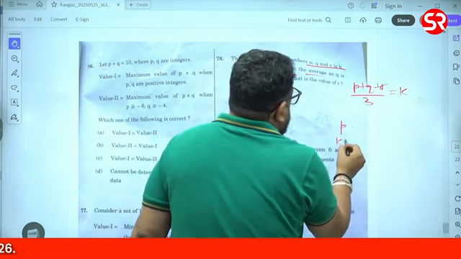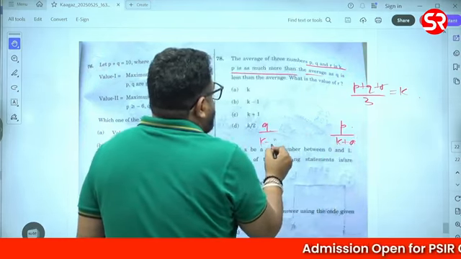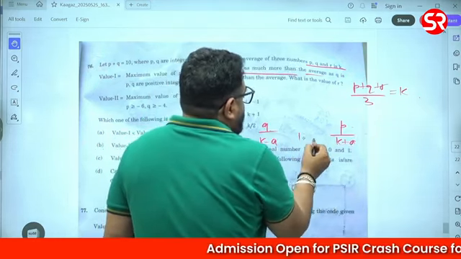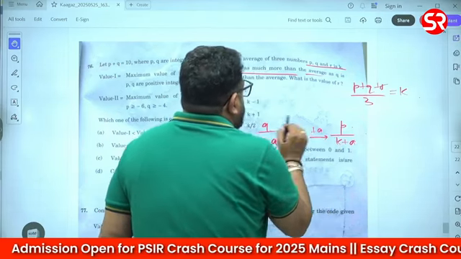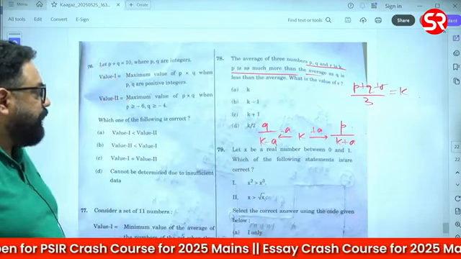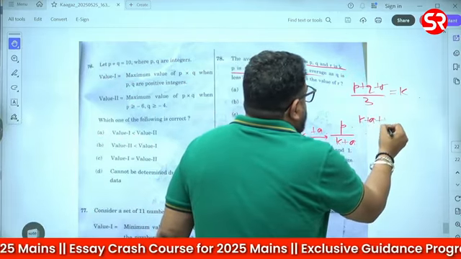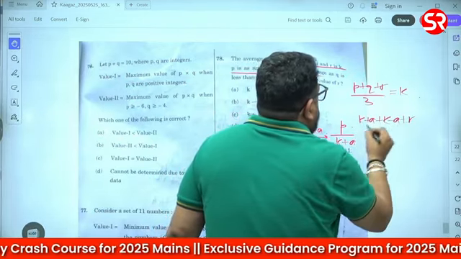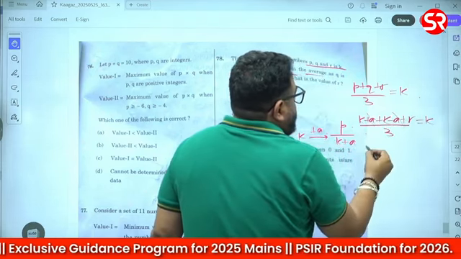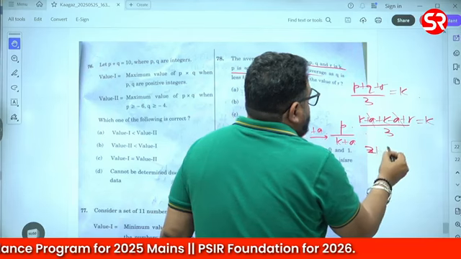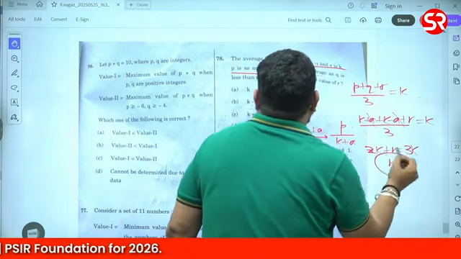So P is equal to K plus A, and Q is equal to K minus A. So from average, P is K positive, and from average, Q is A negative. All right. So we know the values of P and Q: K plus A plus K minus A plus R upon 3 equal to K. So this A and A cancel, right? 2K plus R is equal. Yes.